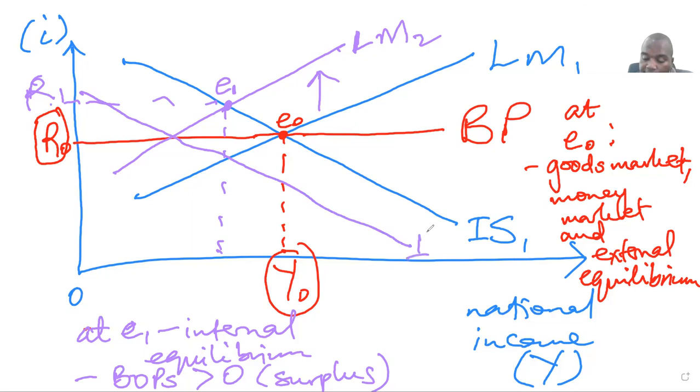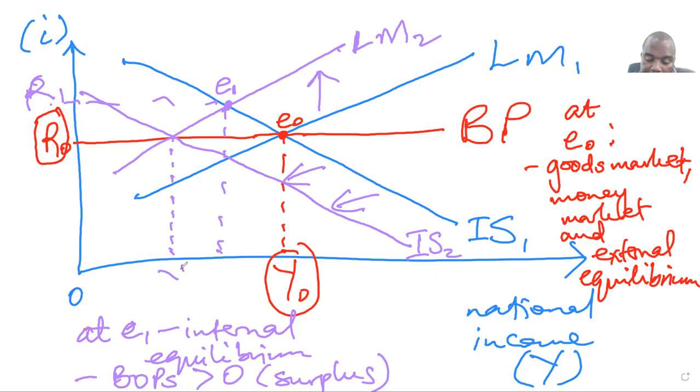The IS curve, as we can see, will then shift from IS1 to IS2 with the contractionary fiscal policy. This may be operationalized by reducing government spending and or increasing taxation as a way of dampening aggregate demand in the economy.